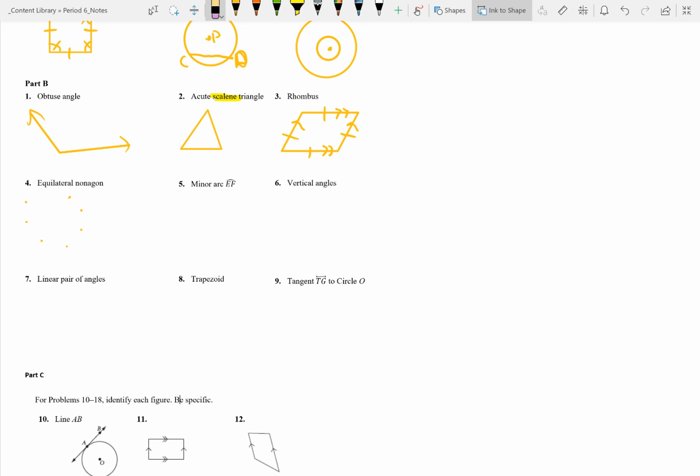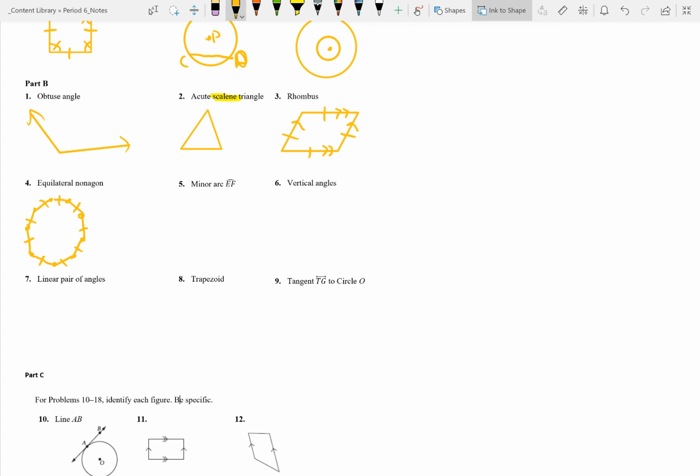Yeah, that's not very good. Okay, 1, 2, 3, 4, 5, 6, 7, 8, 9. Okay. So equilateral means all the sides are going to be marked congruent, like that. Beautiful.